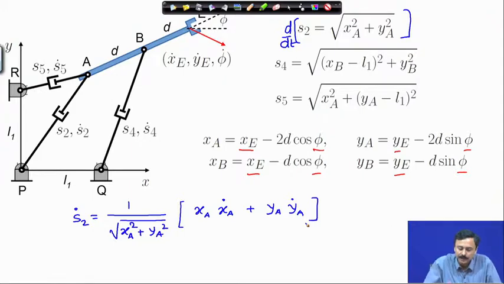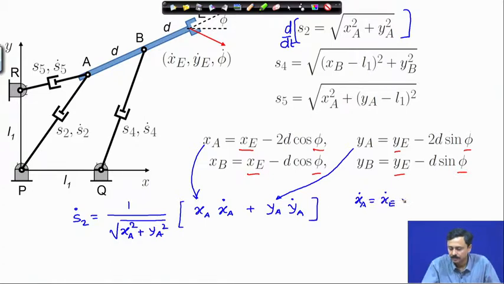So, this is what you have, and now you can replace x a, y a in terms of x e, y e and phi, and you can find out x a dot as x e dot plus 2 d phi dot sin phi.